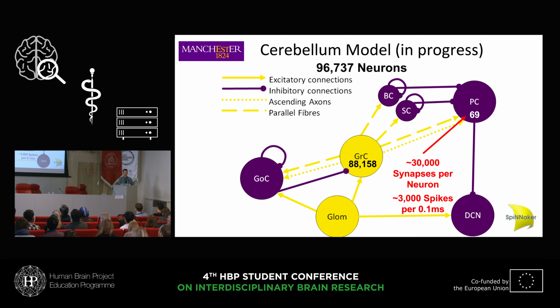But in addition to that, you sometimes get 3,000 spikes in a single time step. This is quite a lot for SpiNNaker to have to process. It's not the way we designed the system to cope with it. But because the system is flexible, we can change what we designed by changing the software on the system. So we're now looking at writing the software so that it can cope with this high level of input connectivity.